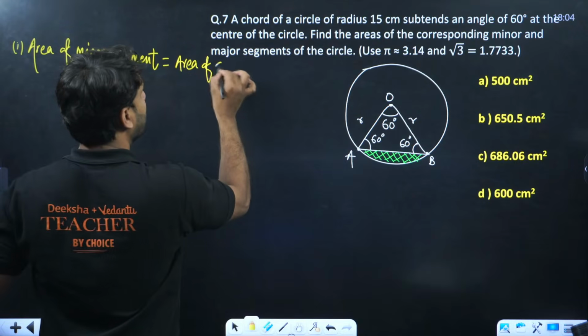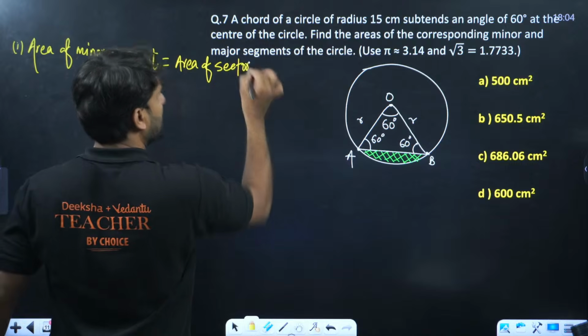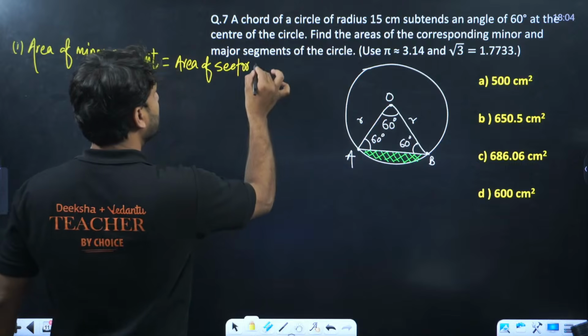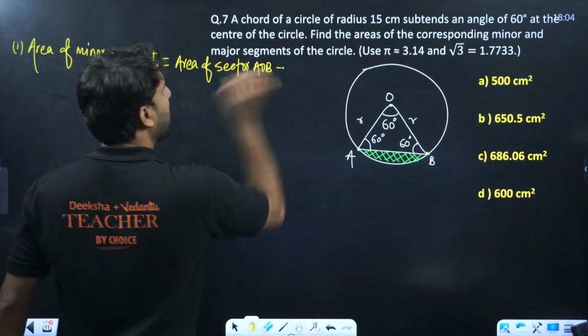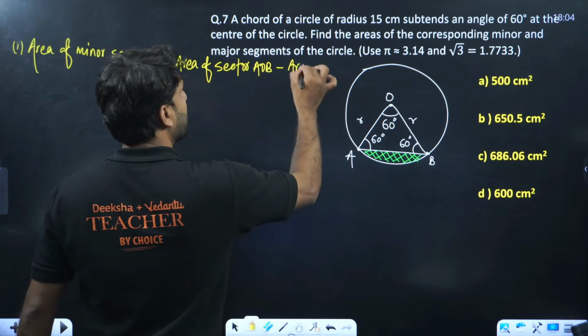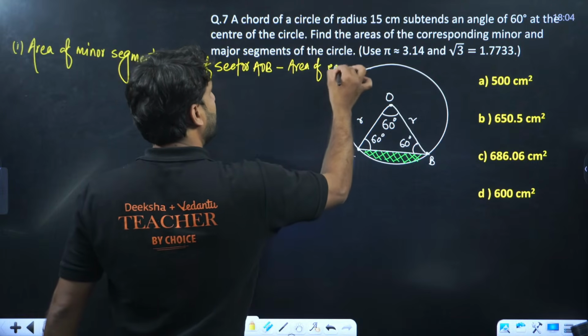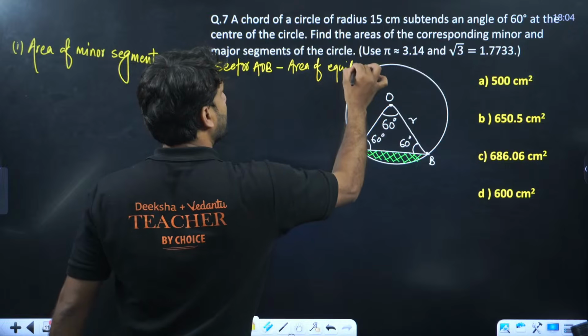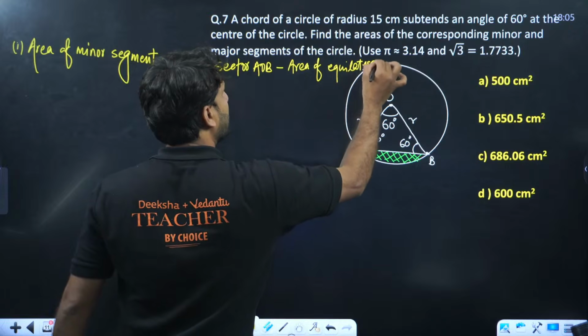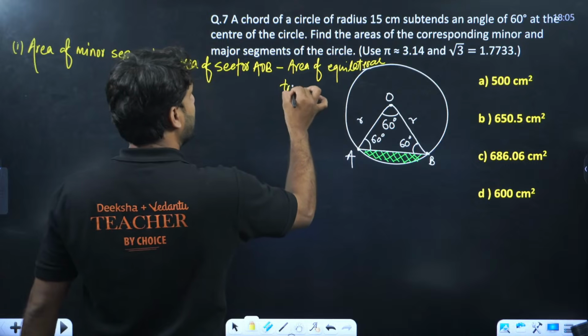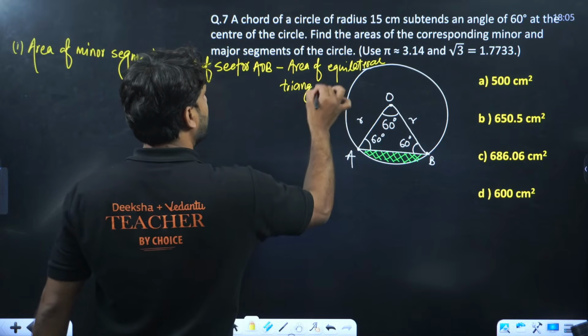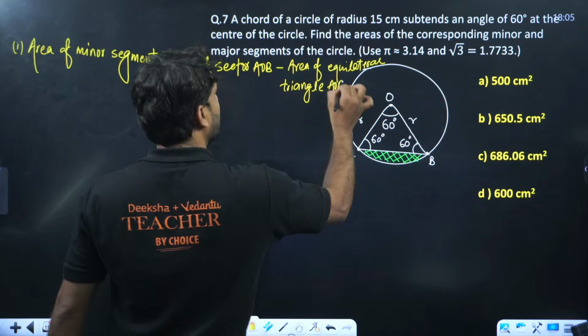area of sector AOB minus area of equilateral triangle AOB, right?